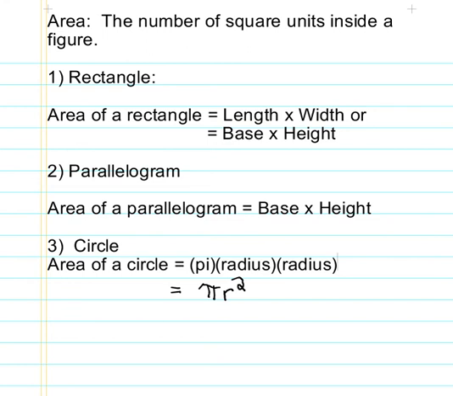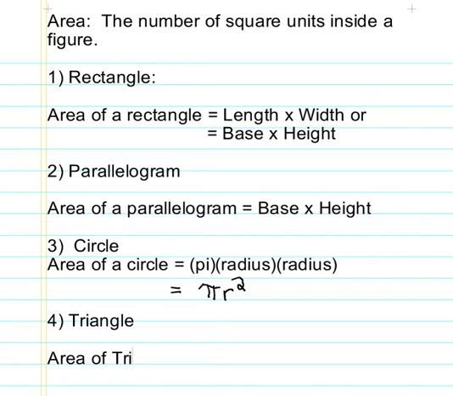The last figure that we talked about yesterday during class was the triangle. The triangle area was rather easy to find because I told you specifically to take a rectangle and cut that rectangle in half. How I told you to cut it in half was to cut it from one diagonal to the other.